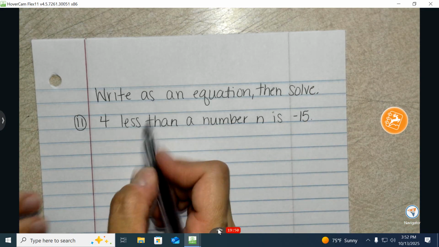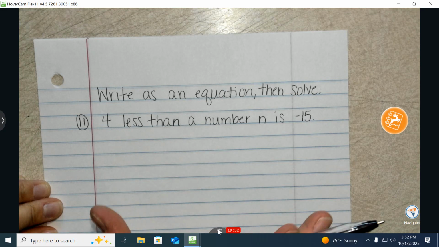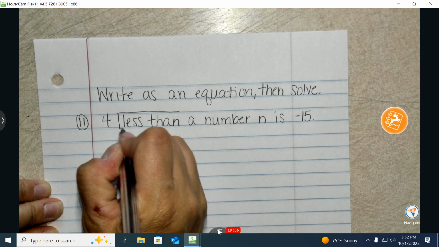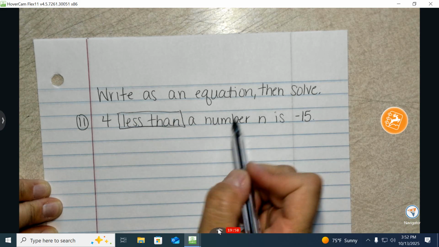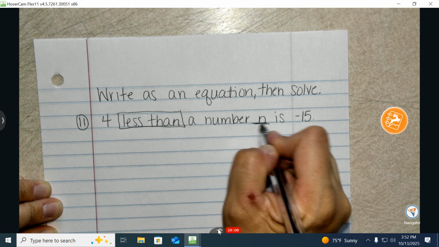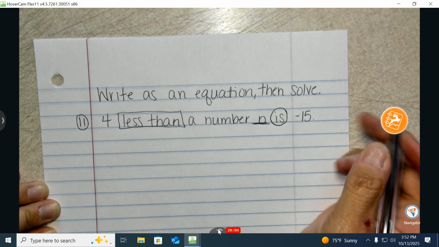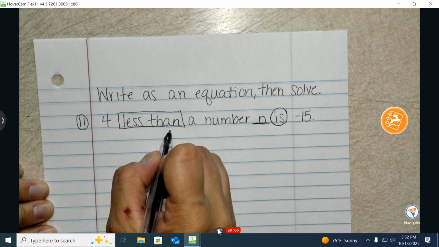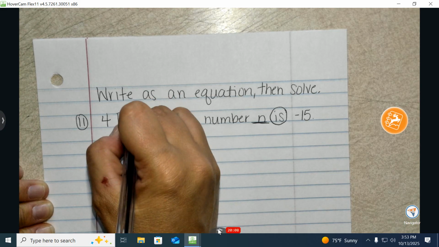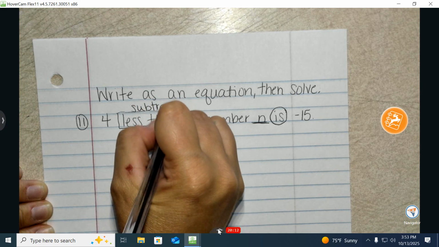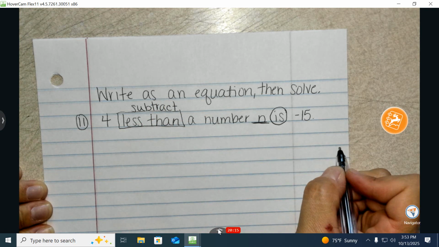Okay, so we have some important things here. So 4 less than a number n is negative 15. So the words less than mean that you need to subtract. So you're going to be looking at words and trying to decide what operation.